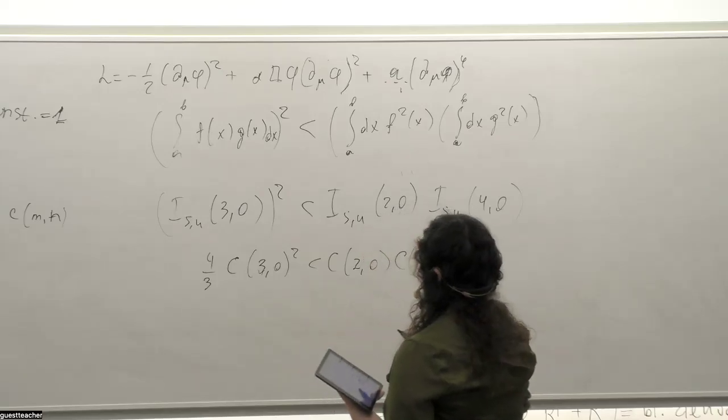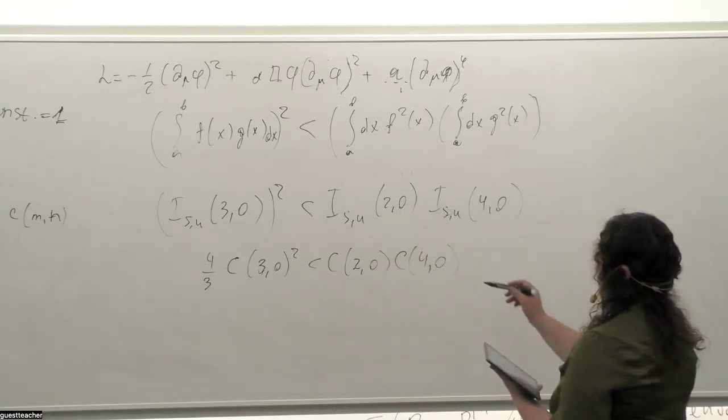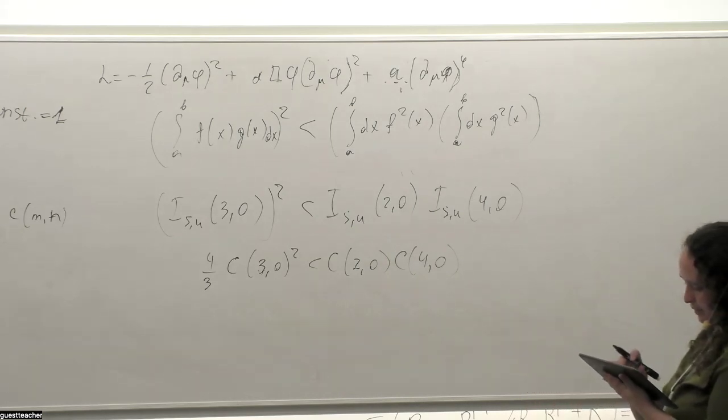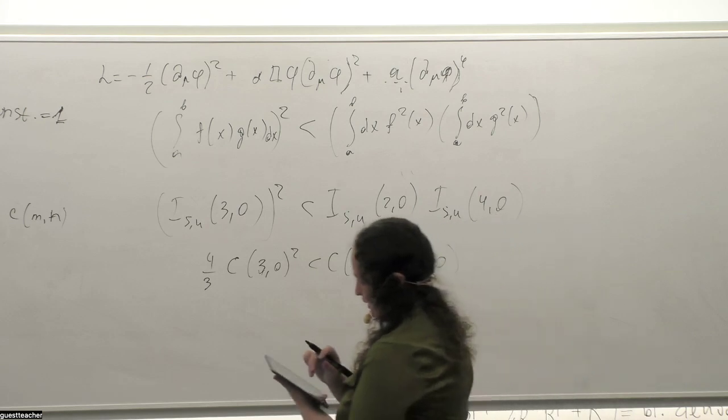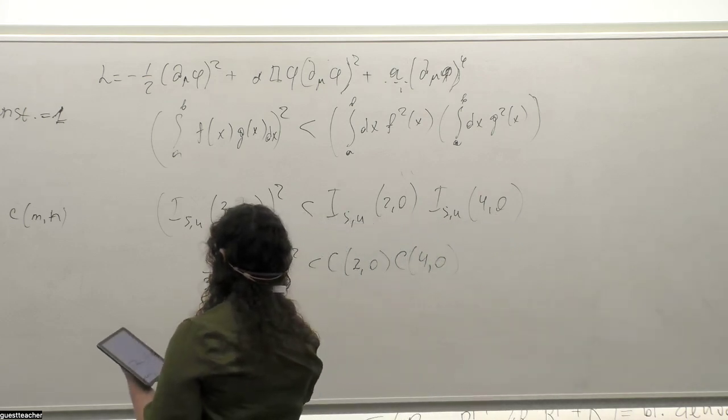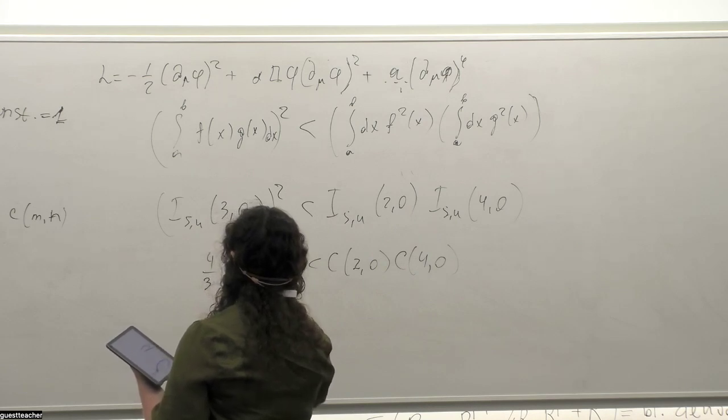And this bound is important if the theory is non-crossing symmetric, but one can also derive a bound on C21 in a similar way.